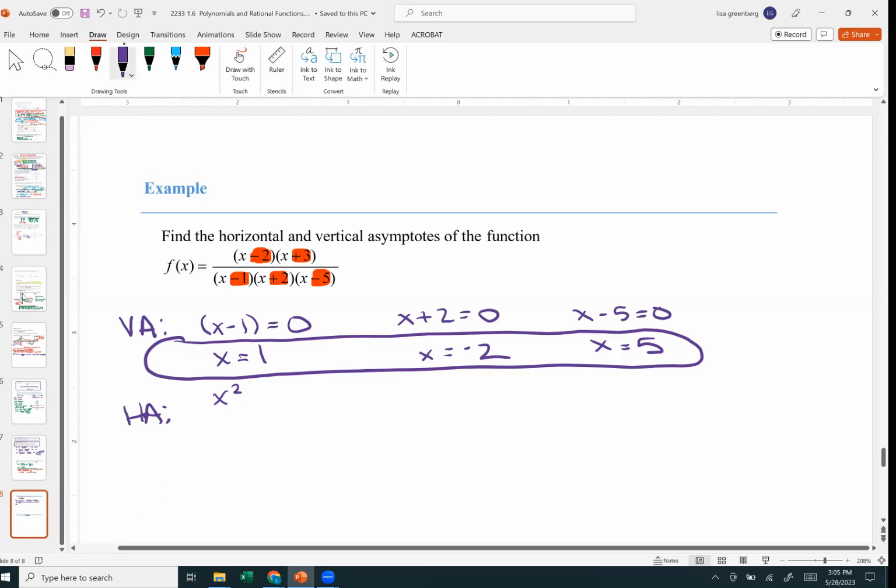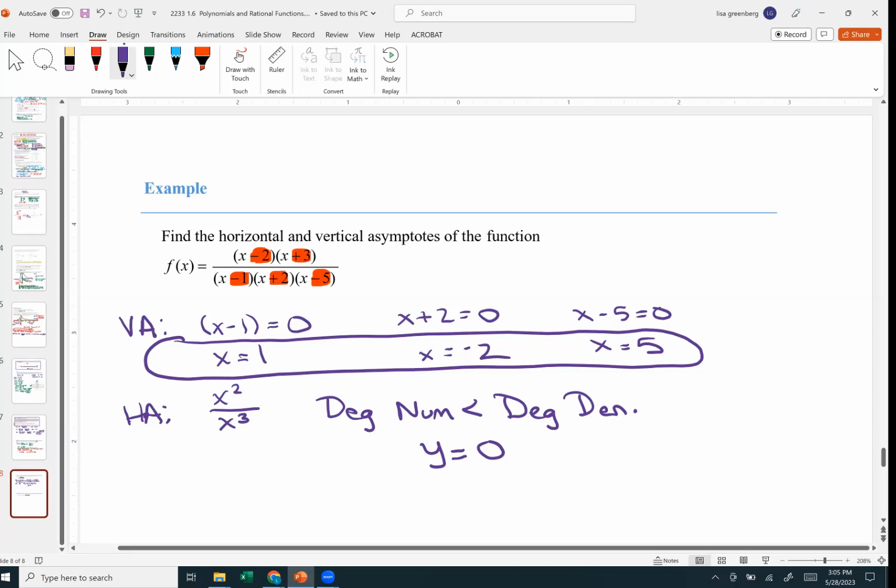Notice now, I can just look, I have x squared over x cubed, which means that the degree of my numerator is less than the degree of my denominator. And I have a horizontal asymptote at y equals 0. And I think that's probably the easiest way to do it. So I have 3 vertical asymptotes, 1 horizontal asymptote.